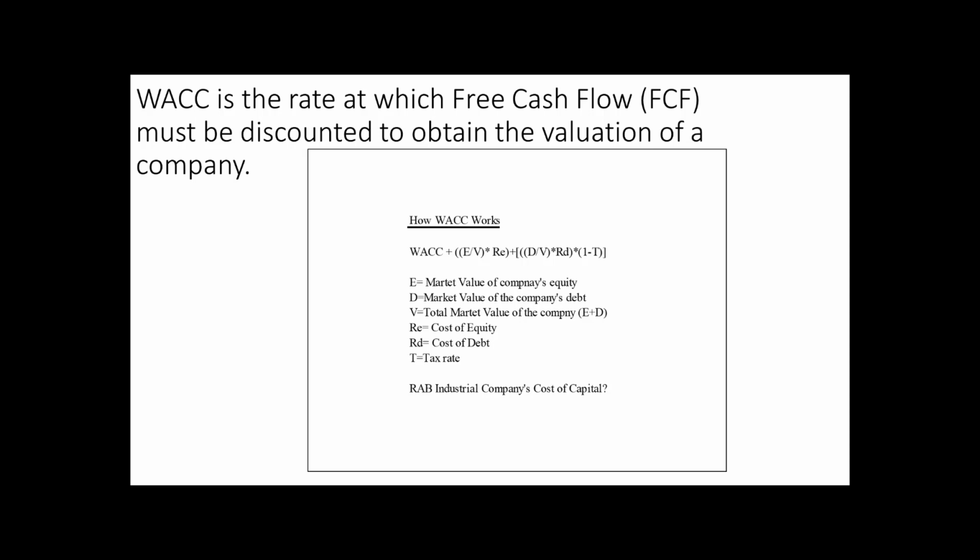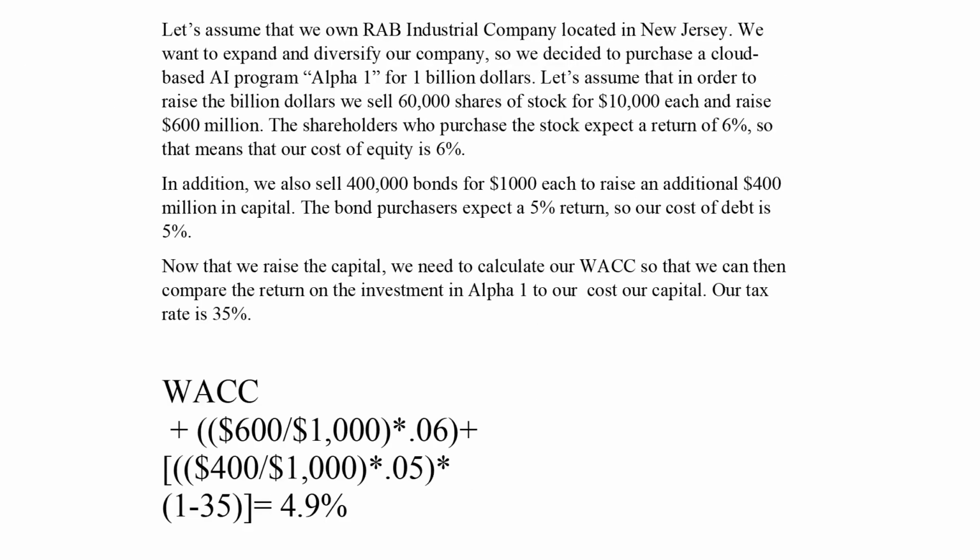Now let's just assume that we have a company, you and I together, and it's called RAB Industrial Company. It's located in New Jersey, of course. That's where all successful businesses are located. And we want to expand and diversify our company. Now, obviously, industrial companies are not in vogue right now, and I don't think they're going to be in vogue for a long time.